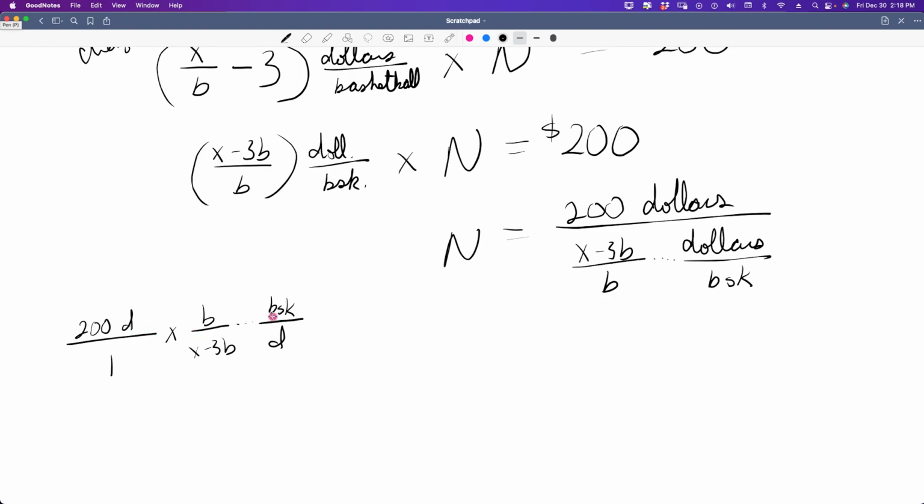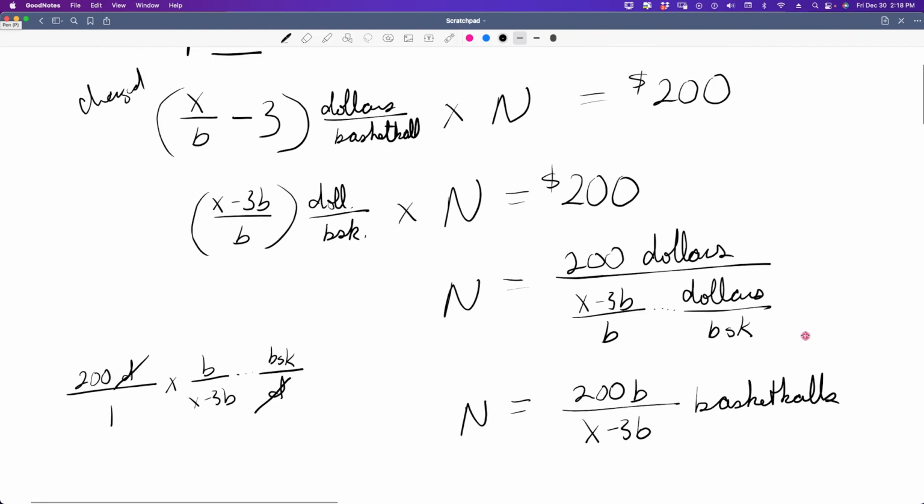Okay, so now these are all factors to one another. So D's cancel, and that's all I can cancel. So N is equal to, the number of basketballs that can be purchased at this rate, 200 times b over x minus 3b basketballs.